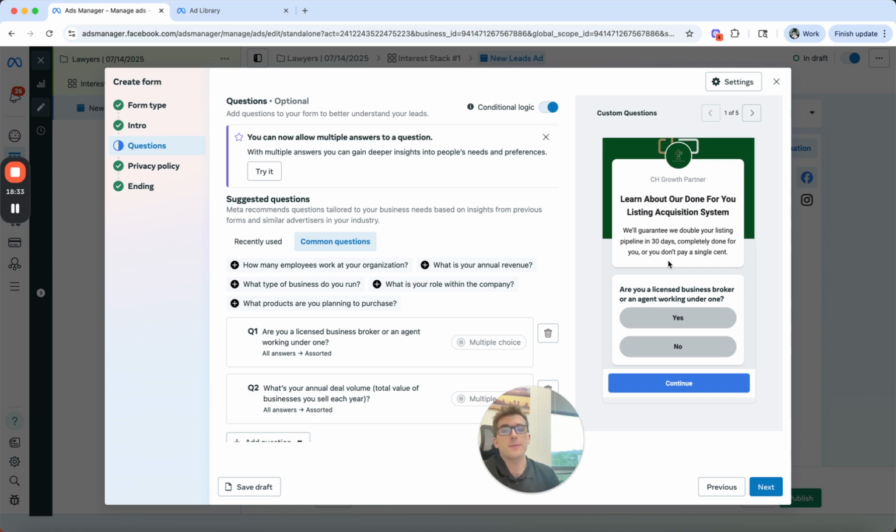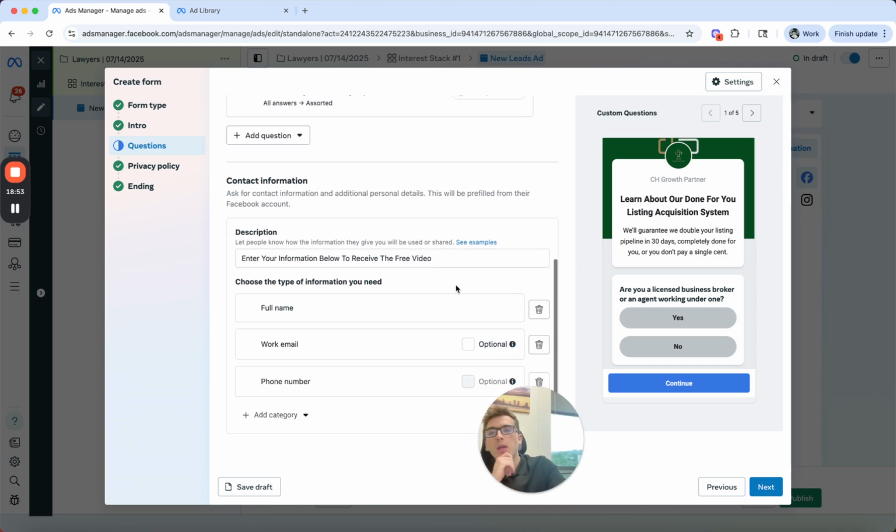So it's been hard to make those work recently, but if you can, and you can actually get good lead volume with them, your cost per lead is almost always going to be lower than it is on a website, because more people are willing to fill out a quick, easy form that Facebook sets up than a website. If you can make it work, I would definitely recommend that too.